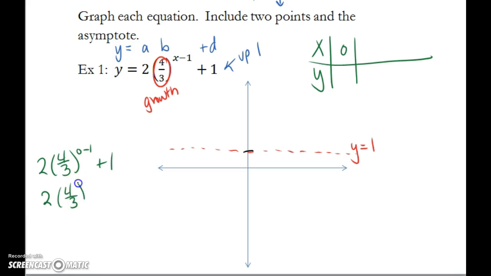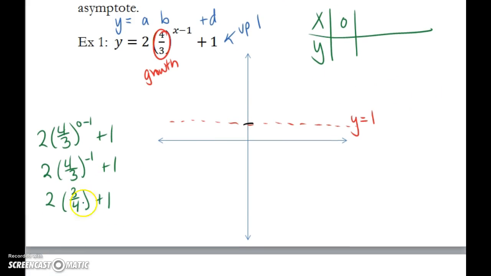This is 4/3 to the negative 1 power. This negative flips it to 3/4. 2 times 3/4 is basically 1 1/2. 1 1/2 plus 1 is 2 1/2. So when we put 0 in, we get 2 1/2 back out. Let's plot that point, 0, 2 1/2, so right around there.